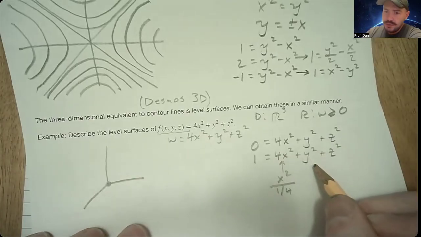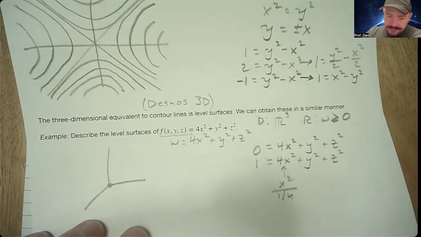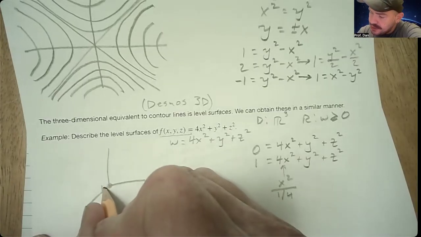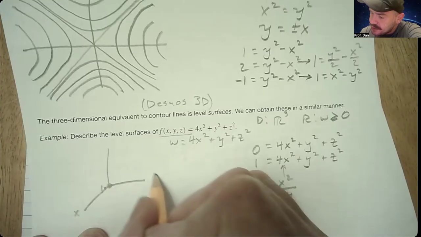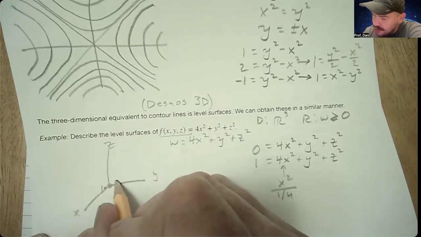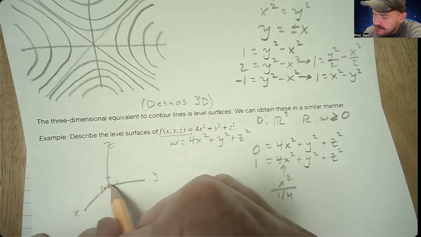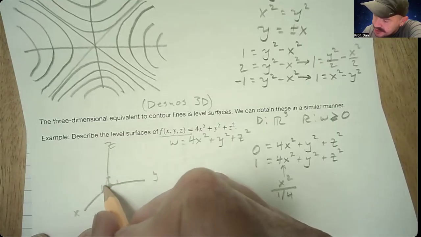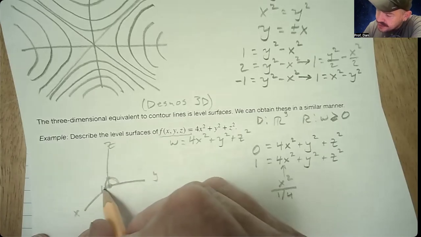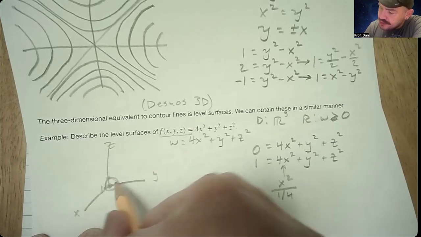And then the y and the z would have radii of 1. So x to z, we have that surface. Z to y, we have that surface. X to y, we have this surface.